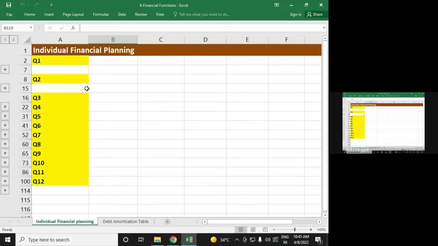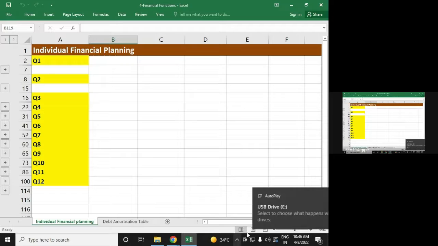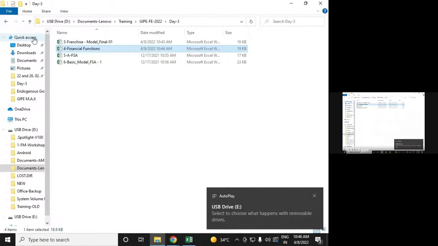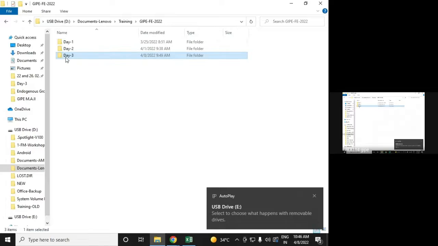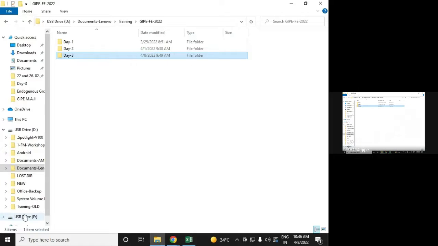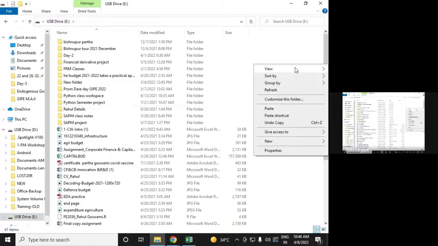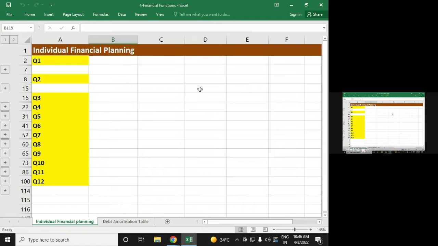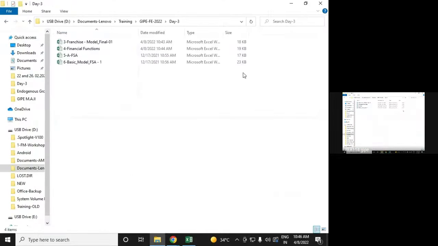First, we will revise the financial functions in Excel, and then we will use them for individual investment decision making.